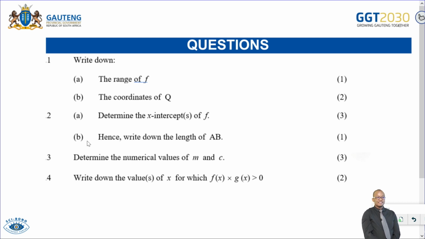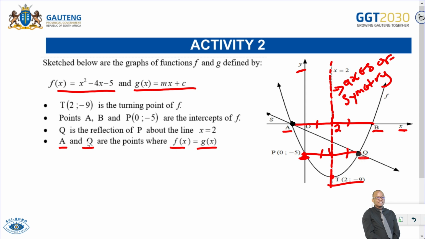B, hence, write down the length of AB. So we can see that you will have to determine the intercepts, and after determining the intercepts, you must determine the length of AB. And already we have interpreted what A and B are.